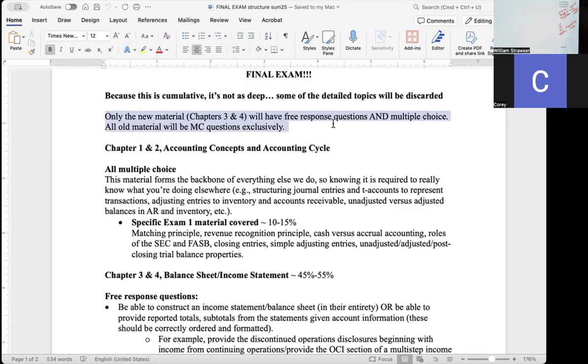Again, only the new material that we've covered since chapter three, a balance sheet and income statement, will have free response questions. They will also have some multiple choice questions. The old material will be multiple choice questions exclusively.